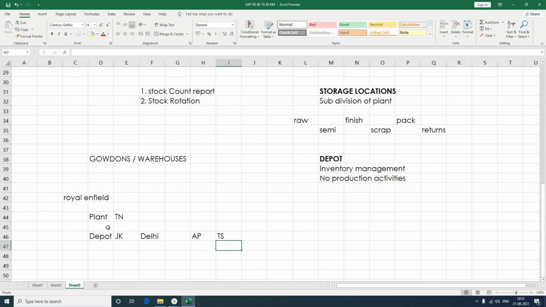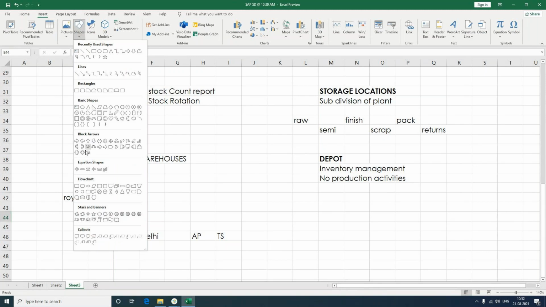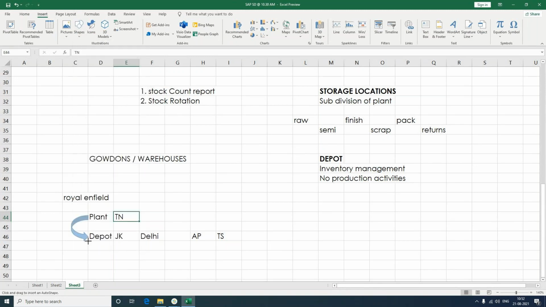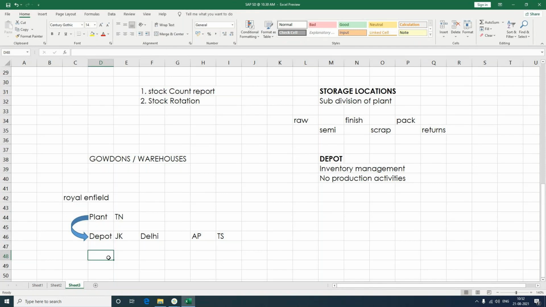So I manufacture the product over here, but I transfer the stock to the depots. Whenever a customer from that particular location places an order, I supply the stock from the nearest depot instead of from the plant, so that the customer can receive the product on time.